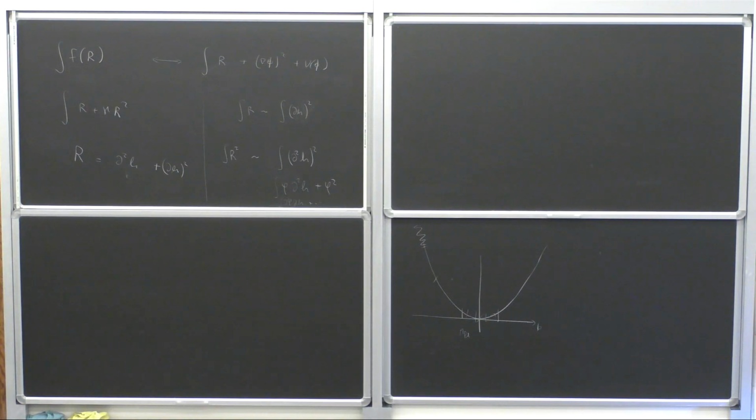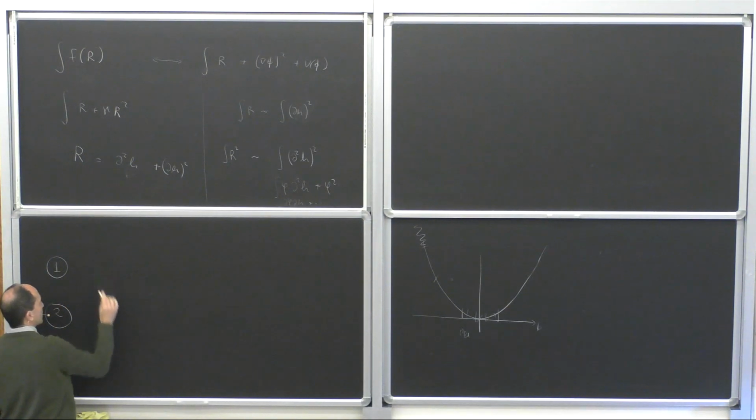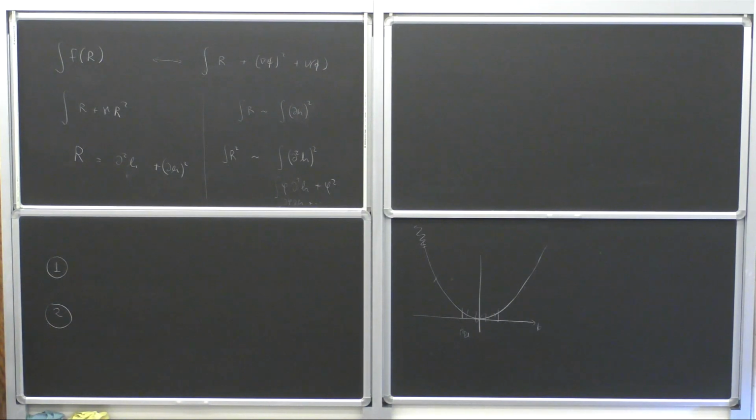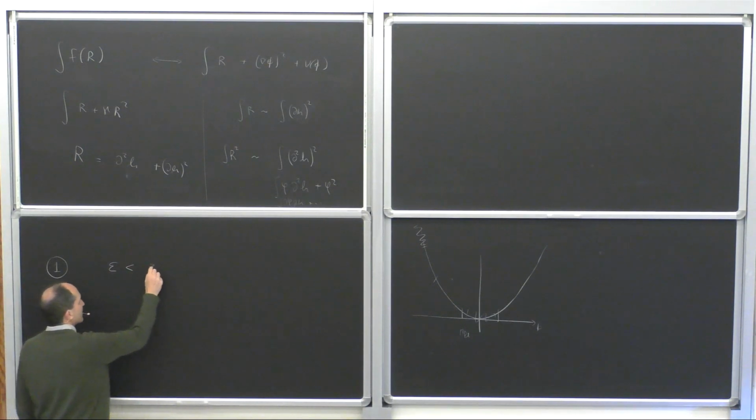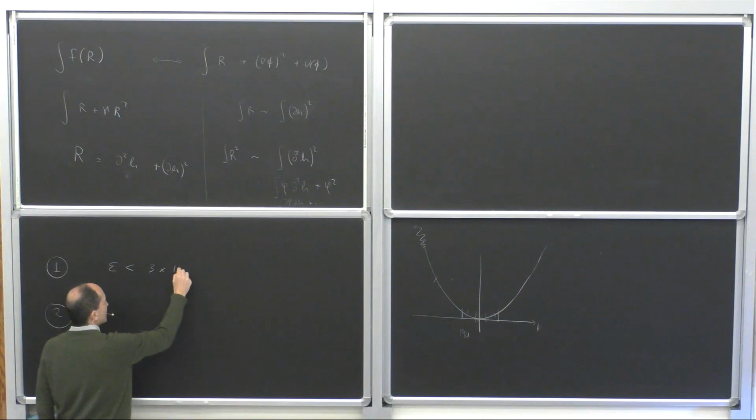We'll later understand in more detail where these constraints come from. But basically there are two constraints. The first constraint comes from the non-observation of gravity waves. So inflation predicts gravity waves, but we haven't seen them. And that implies that epsilon is less than 3 times 10 to the minus 3.